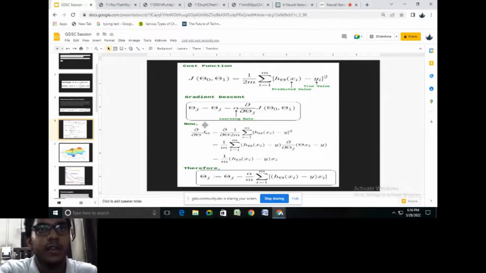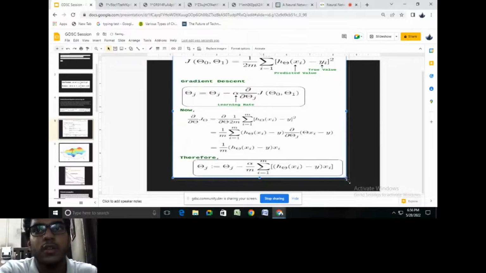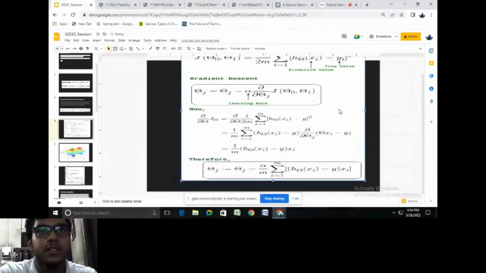Here in this part, it is illustrated, though this will probably be a bit mathematical, so you don't need to worry if you don't understand. This is how the partial differentiation is done. So here you can see why this factor of half had been introduced.